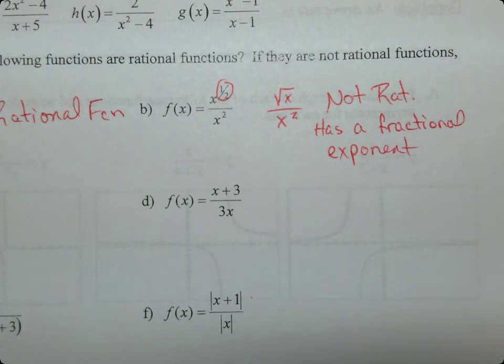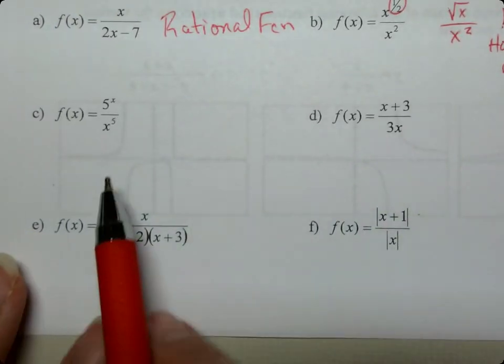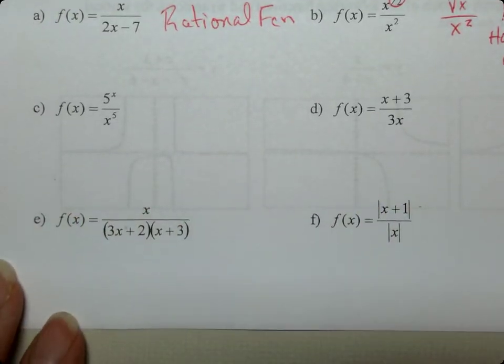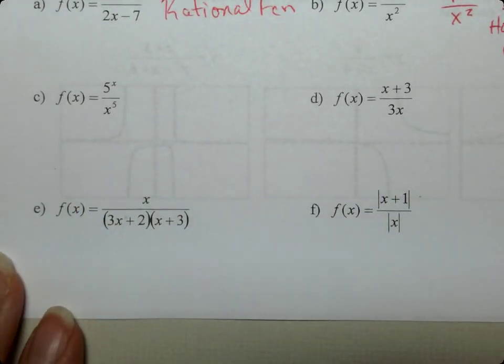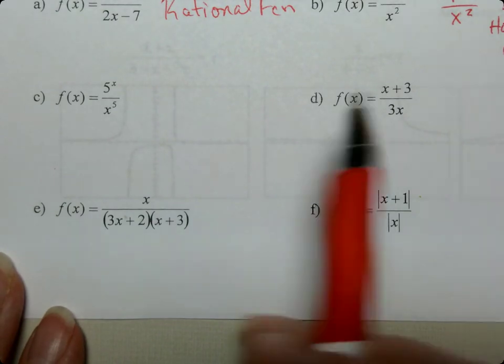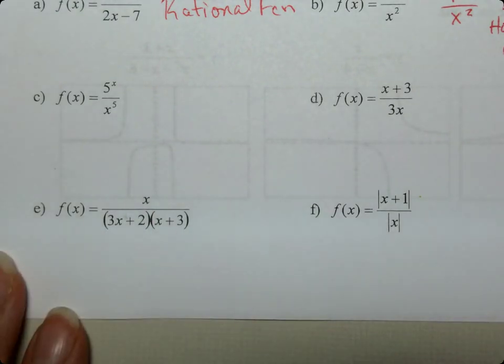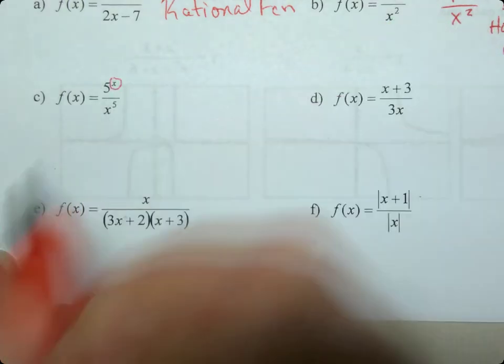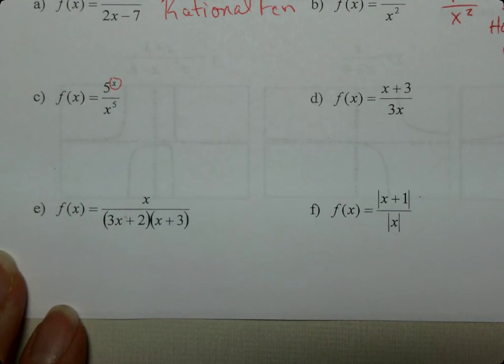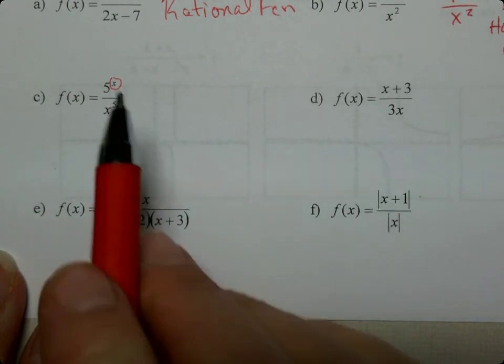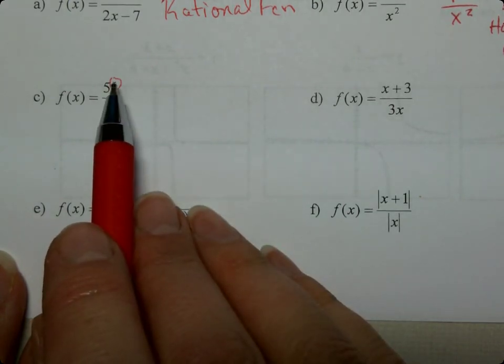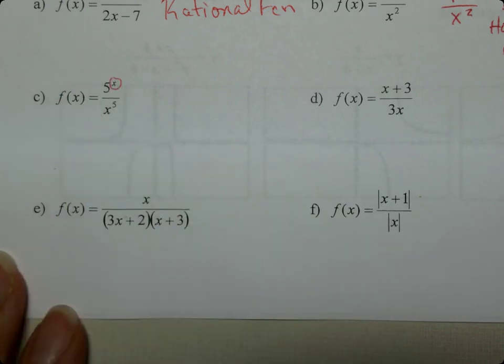All right, so take a peek and look at example C and D. What do you think about C? Rational or not? Not rational. But look at your power. You can't have a fractional power, you can't have a root, but you can't have a variable as your power. Now, if I had x to the 5th, it would be good.